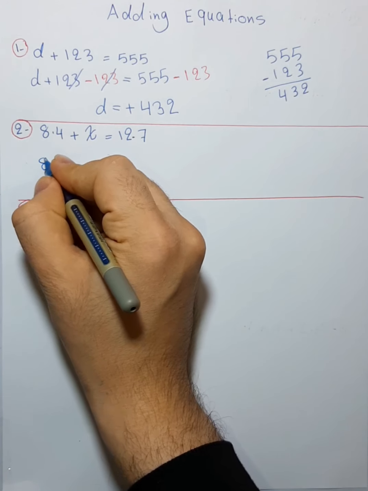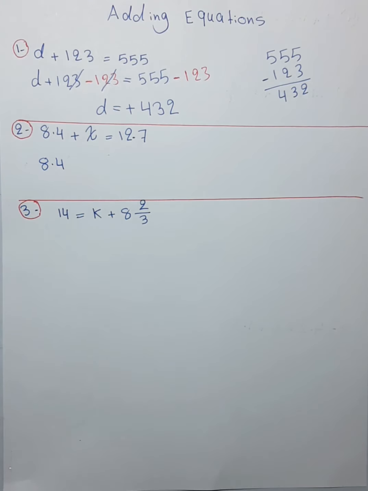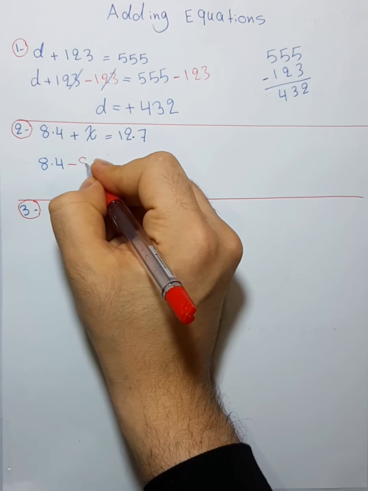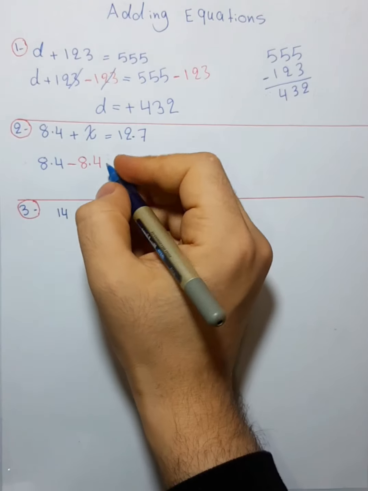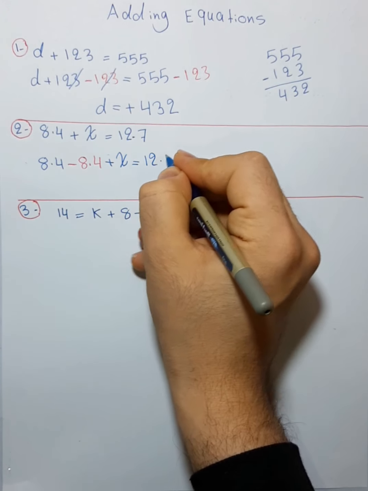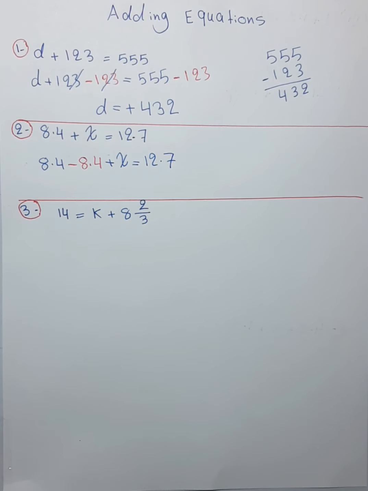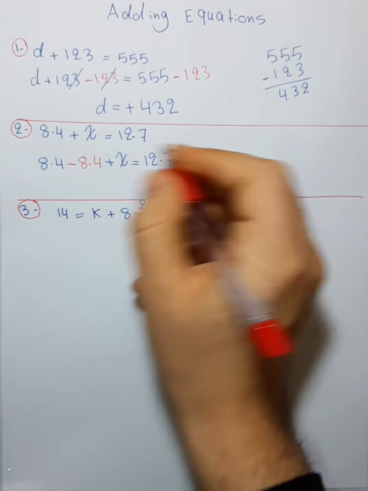So write 8.4, minus 8.4, plus x equal to 12.7 minus 8.4.